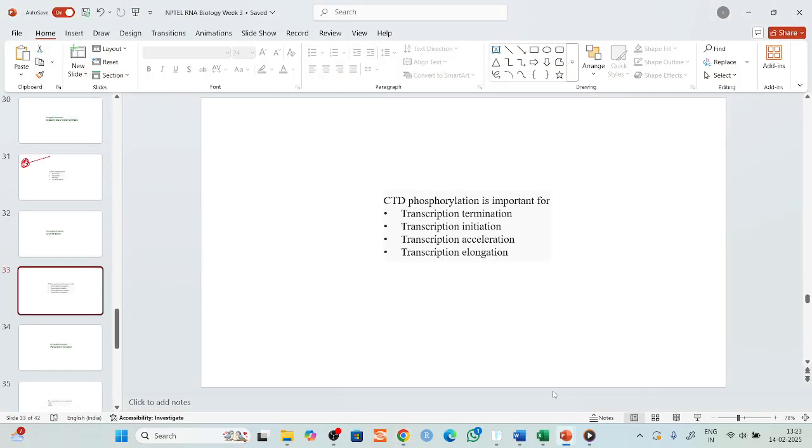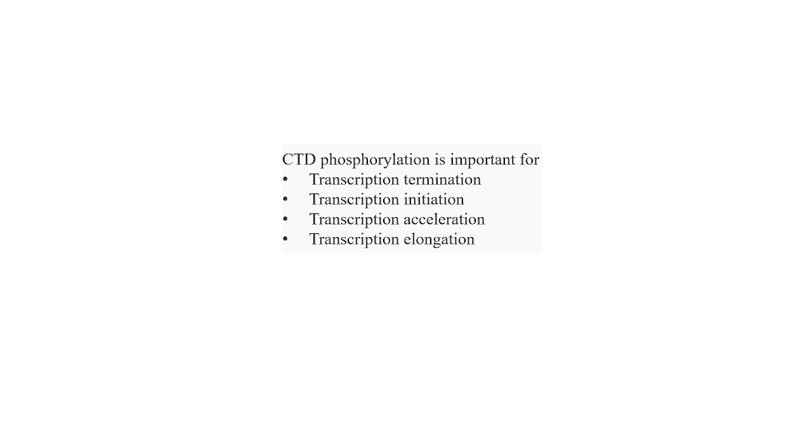The next question is: CTD phosphorylation is important for A, transcription termination, B, transcription initiation, C, transcription acceleration, or D, transcription elongation. What is the full form of CTD? Carboxyl terminal domain.